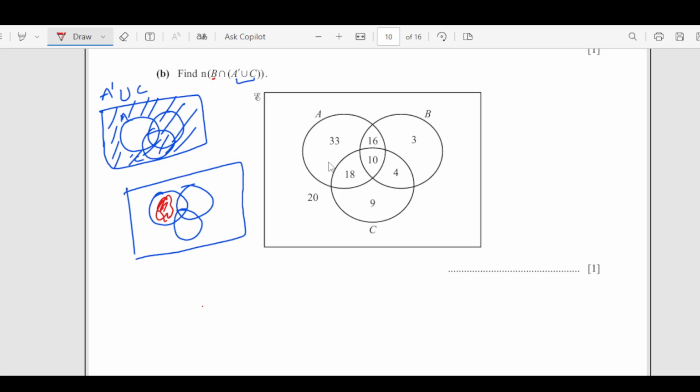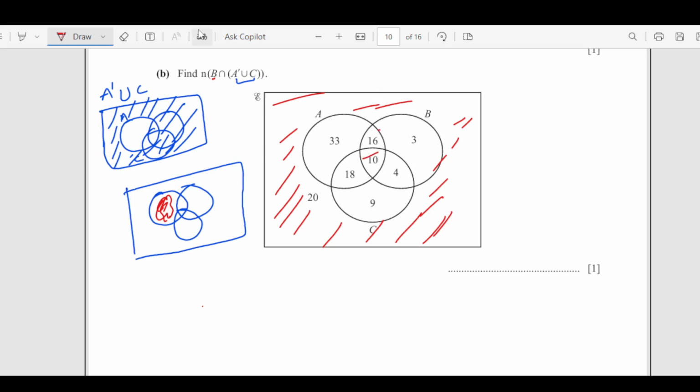A complement is this whole part, right? The outer part is going to be there. Then union C is here, this part, the whole part C, but then there is a B intersection. So that means B and C are common. Then B is here.